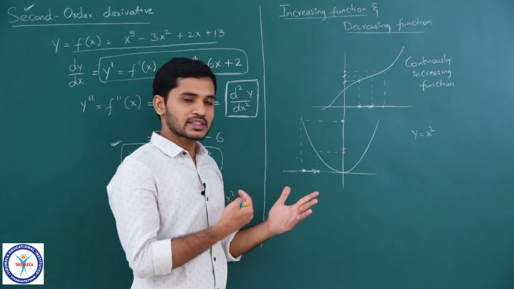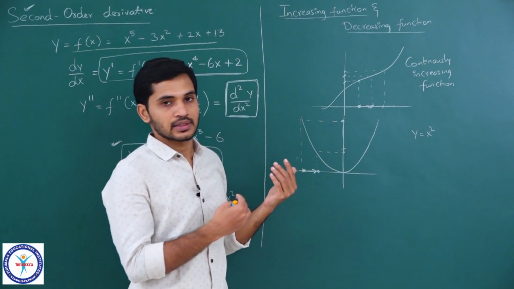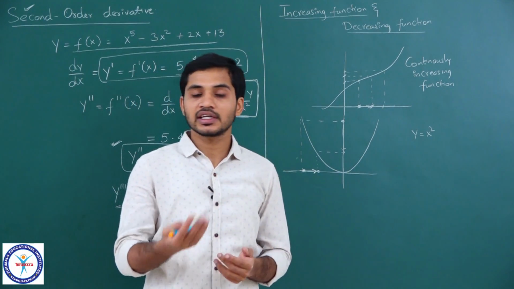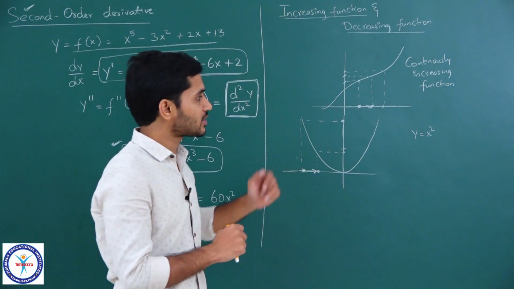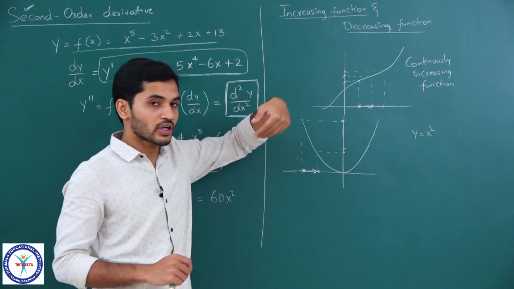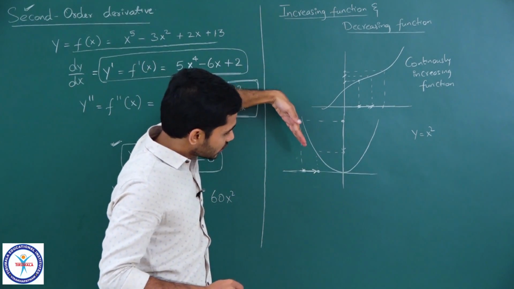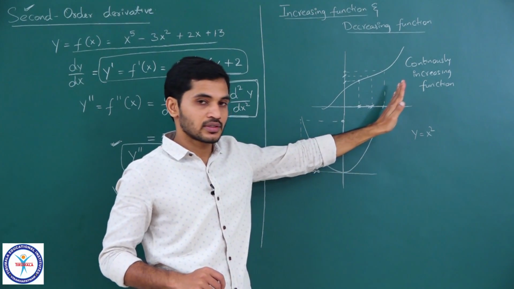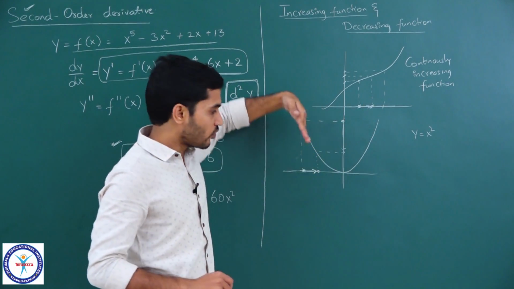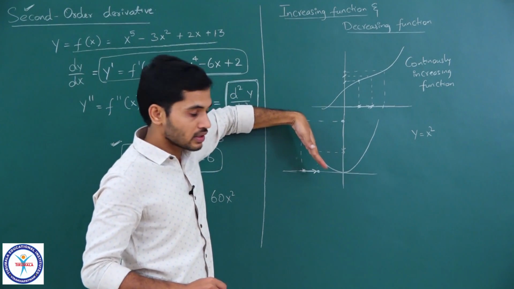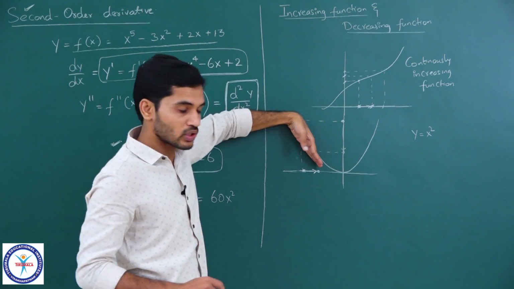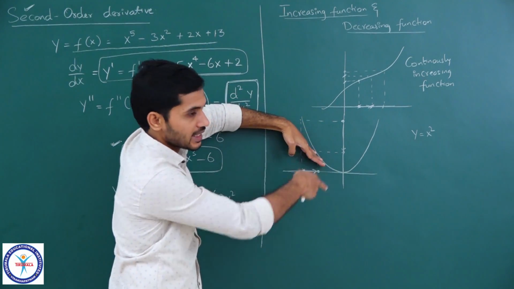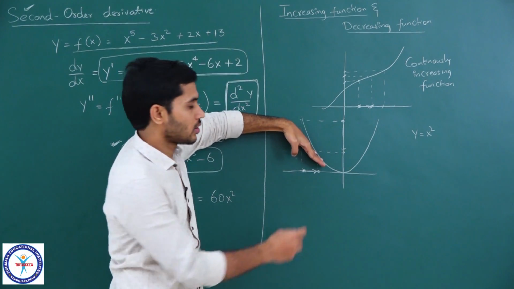So, did you understand on what basis can we say a function is increasing or decreasing? On what basis can we decide? So, look closely what I am doing. Here the function is decreasing and here the function is increasing. So, have you noticed that wherever the function is decreasing, if I draw a tangent, what is the angle that it is making with the positive x axis?